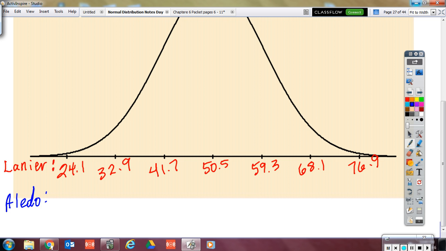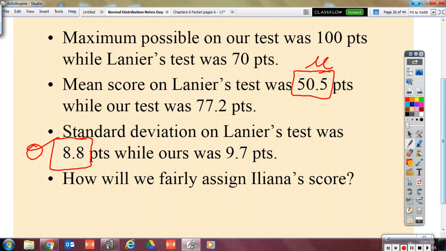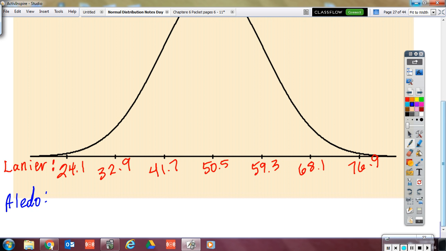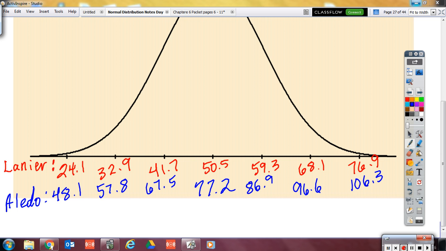The facts are that our test score was out of 100 points, and it had a mean of 77.2, and our standard deviation was more varied, 9.7. So let's start with 77.2 and go with the standard deviation of 9.7 to find out the rest of those data values. Okay, so there's the grade distribution for our comparable test.